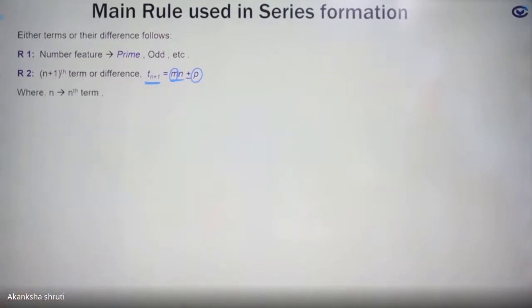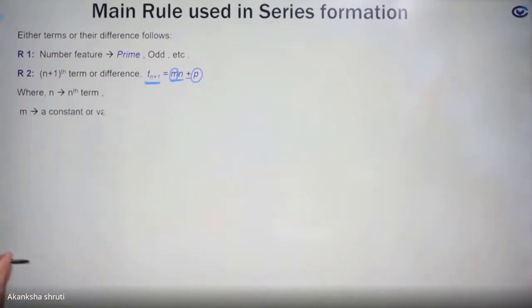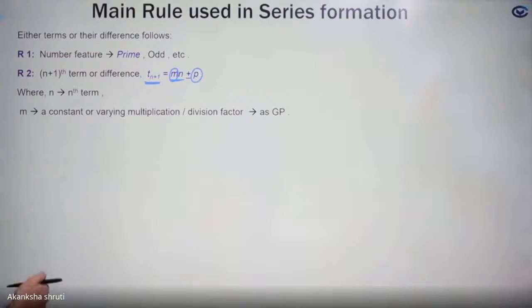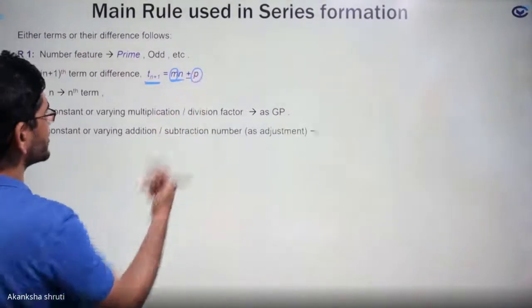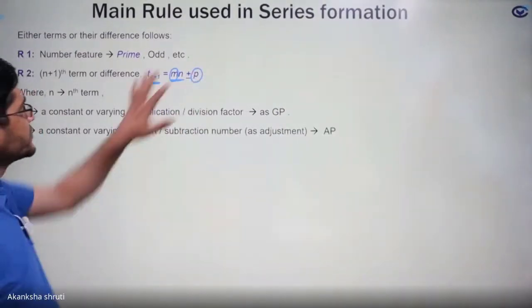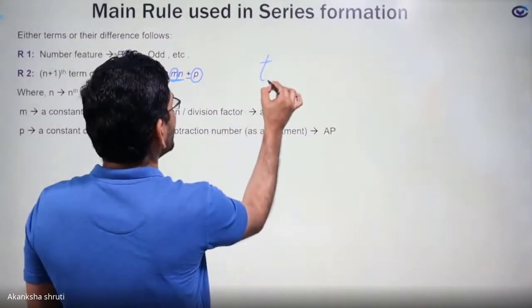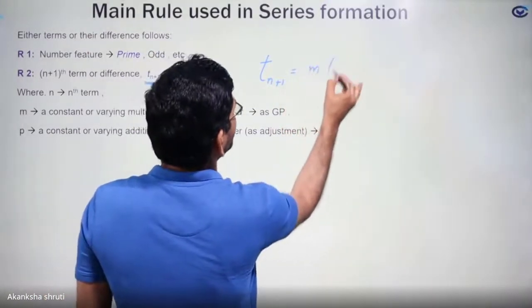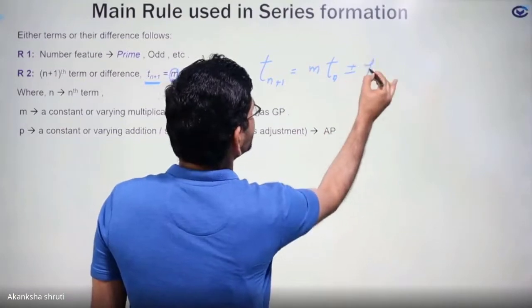Students, here n represents the nth term and m is any constant which is multiplying the previous term, or maybe dividing. This p represents the adjustment, addition or subtraction. This is the most general form, meaning Tn plus 1 depends on the previous term Tn multiplied by m, plus or minus the number p.